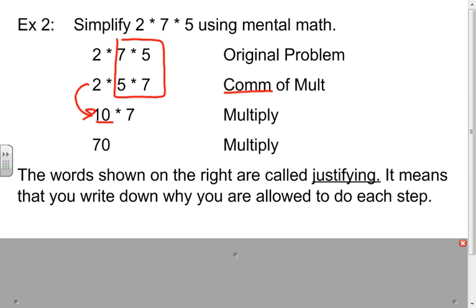The words shown over here on the right, those are called justifying. It means you write down the reason why you're allowed to do each step. The top line was the original problem. Then in order to go from that line to the next one, I used the commutative property of multiplication. Then from there to the next line, I multiplied, and from there to the next line, I multiplied. Every time I do a step of work, I have to give a reason why. That's called justifying.